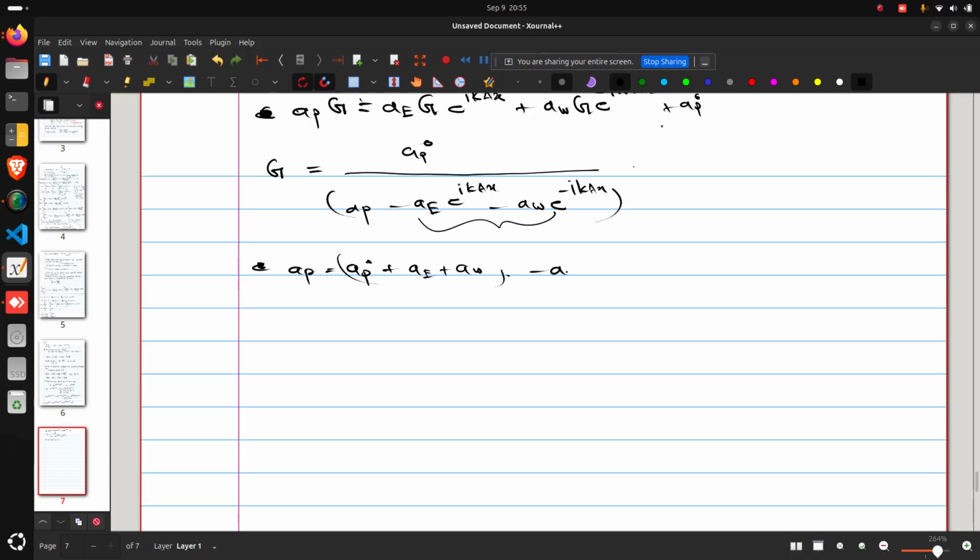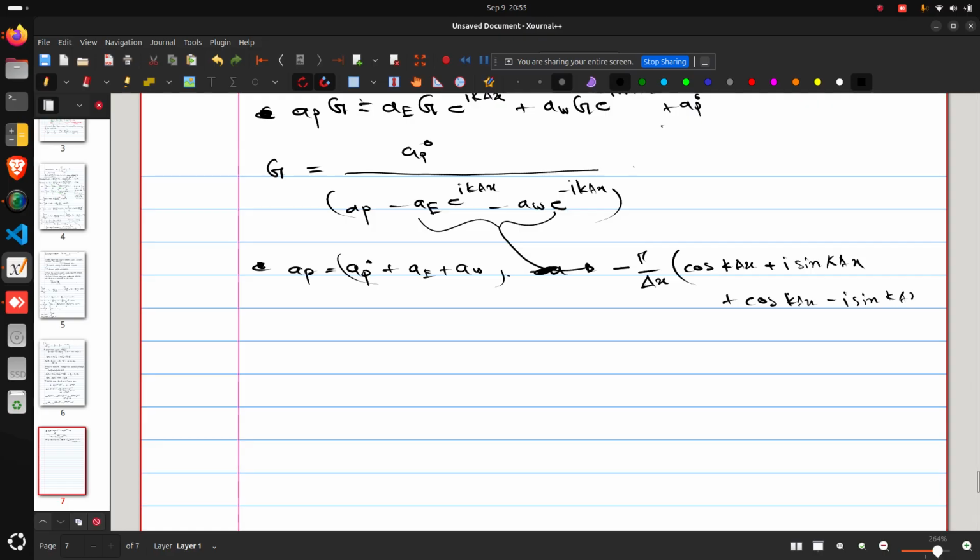So minus, we'll just take minus gamma by delta x, which is nothing but AE and AW. This will be cos k delta x plus i sin k delta x plus cos k delta x minus i sin k delta x, right?